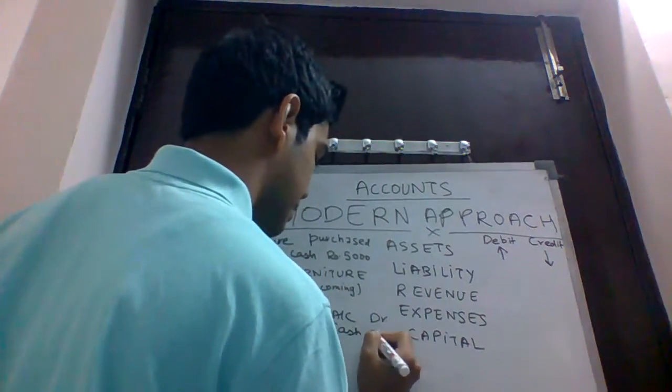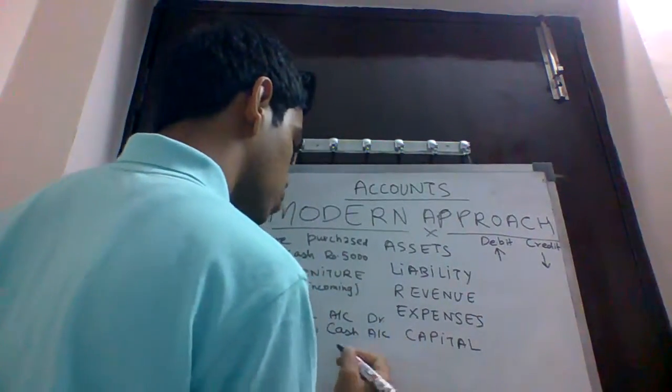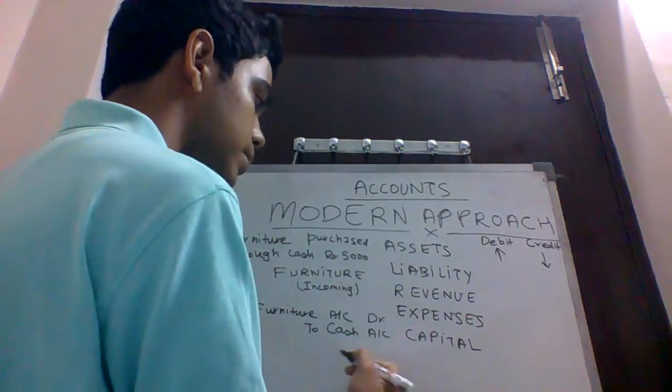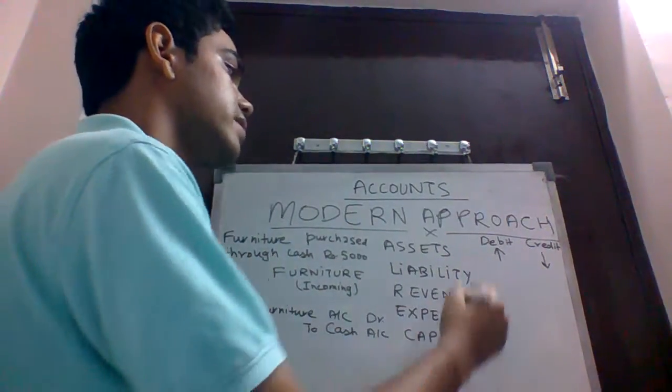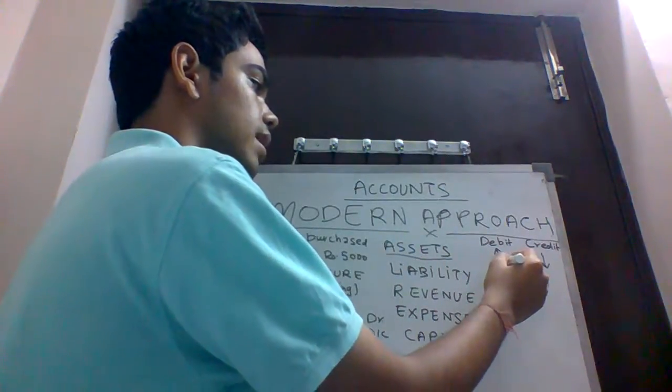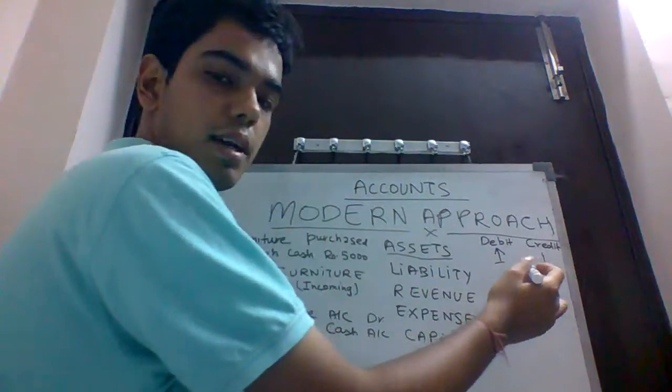So cash will be credited with the words "to cash account." So furniture account debited to cash account will be the journal entry, which further satisfies the condition that assets increased are debited and decreases are credited.